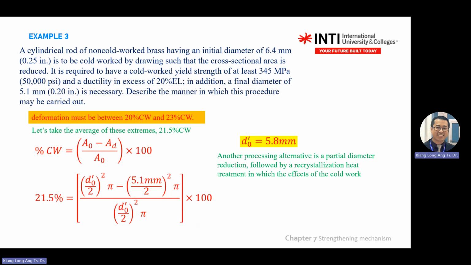In this case, you find out that you need 5.8 mm diameter. So what you do, you ask the operator. There are two ways: either you buy a new rod with 5.8, or you cut the material into 5.8, then you do cold work. So the answer for this one is to change the initial diameter from 6.4 to 5.8 before you do the cold work.